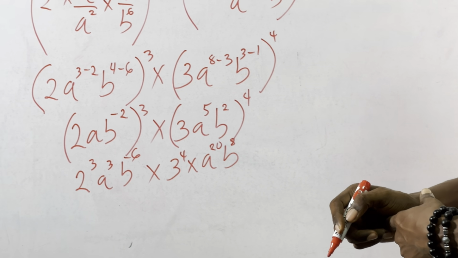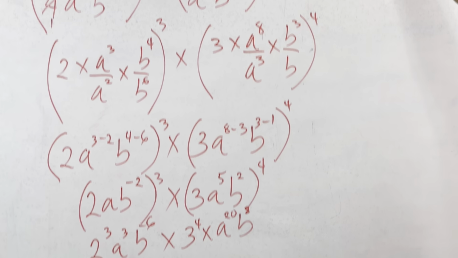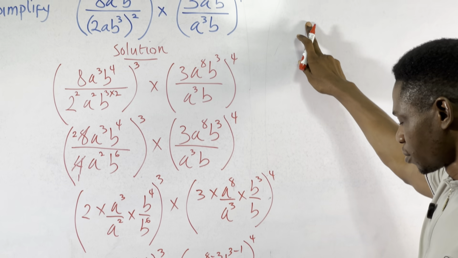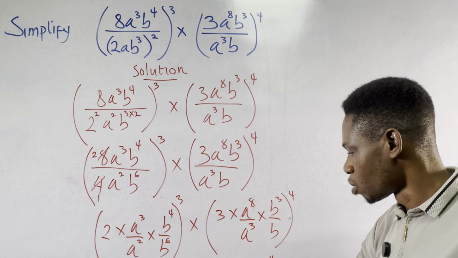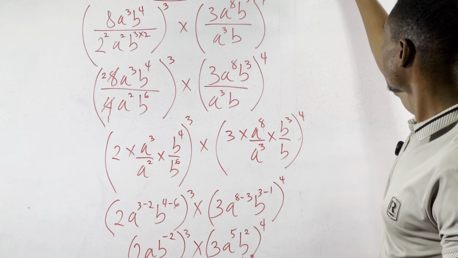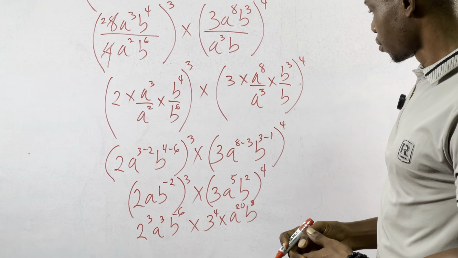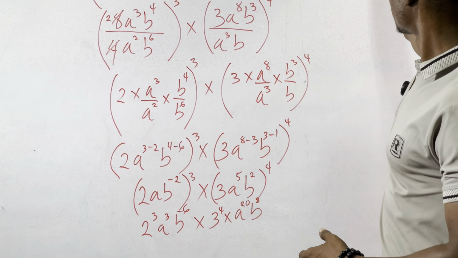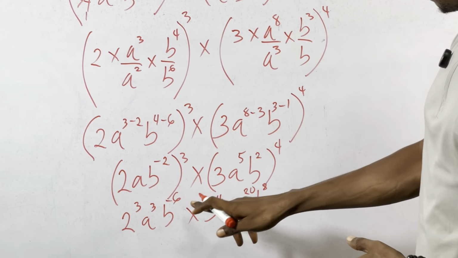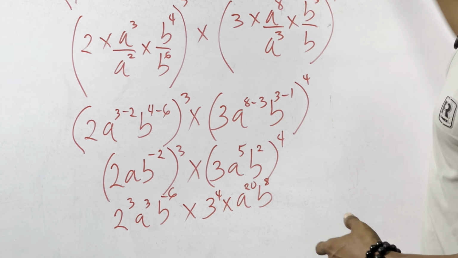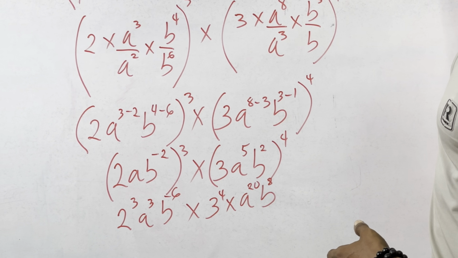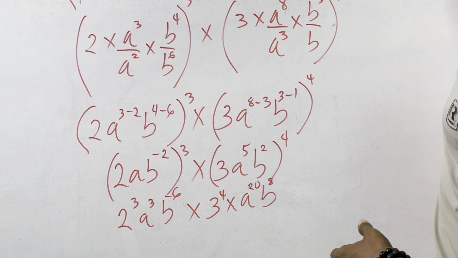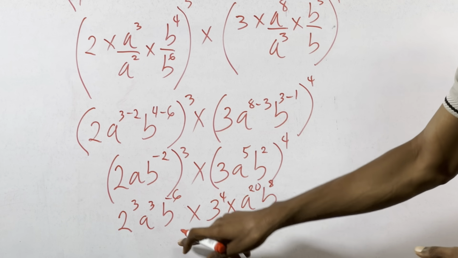Okay, so let me finish off up here. So 2 raised to the power 3 is 8. We have a raised to the power 3. Then for b, we have 1 over b raised to the power 6. Negative index law.